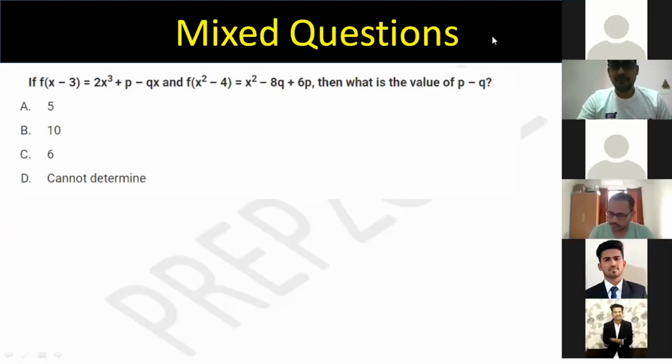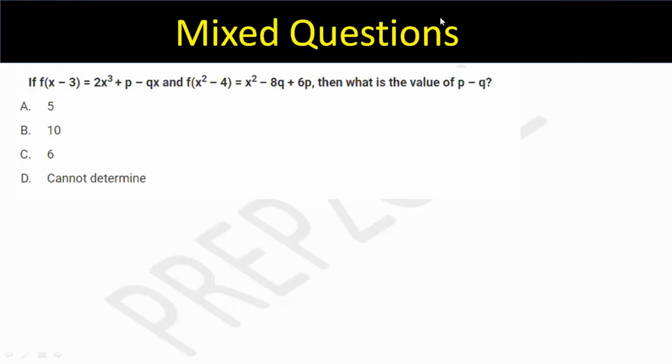Let's see. So again, matlab, I know like most of you must have gotten blank here. What is it that you have to do? Because it looks like a dead end, and that is where the visualization comes into picture. See, f of x minus 3 is given to you, and f of x minus 4 is given to you, and then you have to find the value of p minus q.